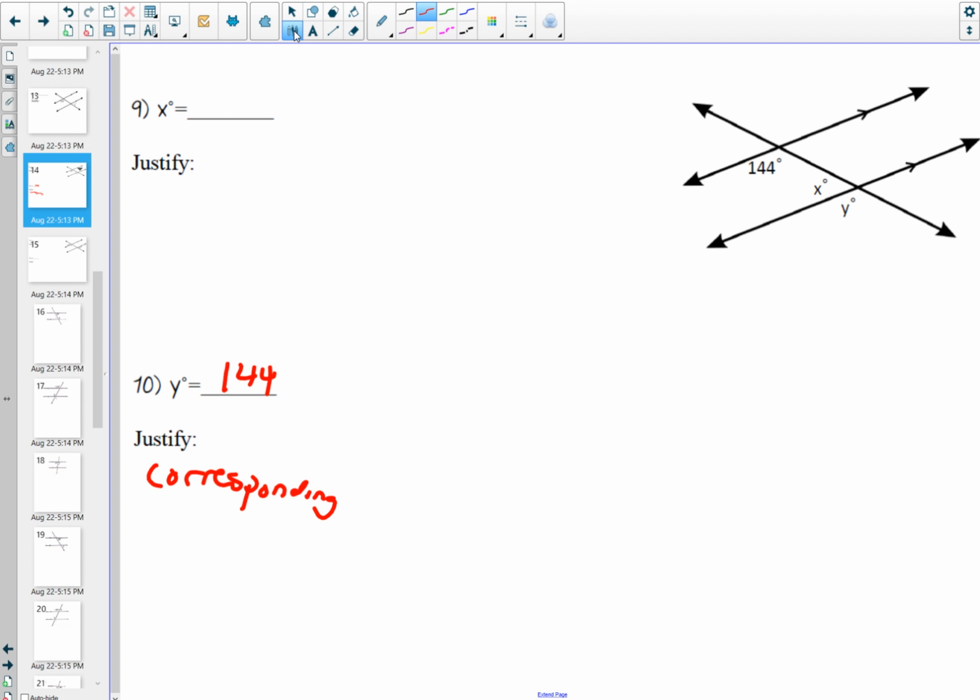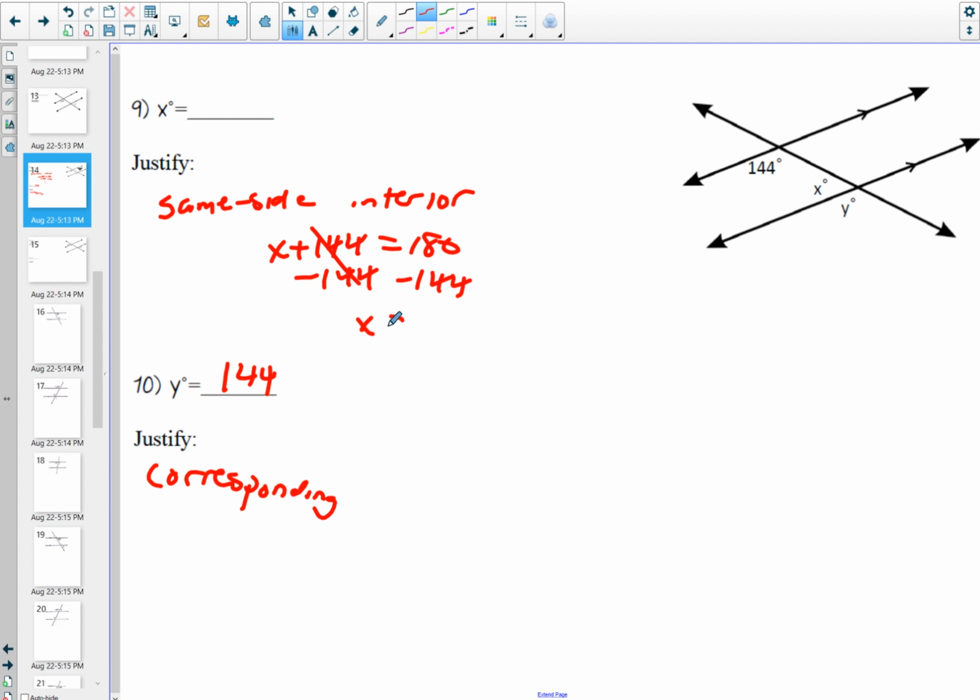But from the beginning, if you were to find X first, you would say because they're same side interior. But wait, Mr. Romero, isn't that consecutive interior? They're the same thing. You would say X plus 144 is equal to 180. X is equal to 36.